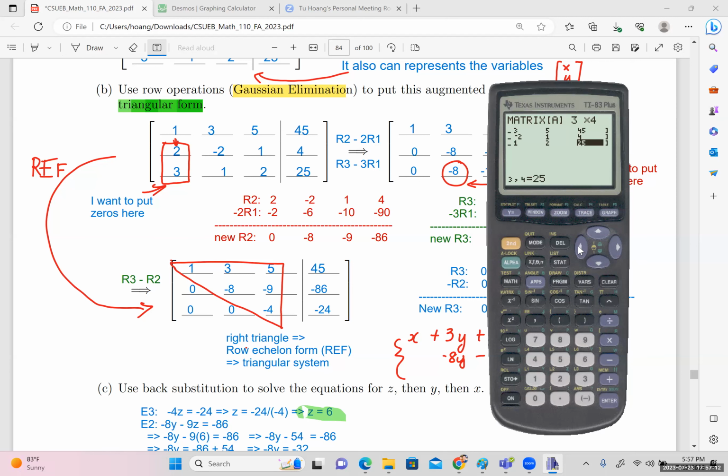Enter that. Just make sure you recheck that all the input is correct, or you may get it wrong later. Also, for -2 you must use the negative key, don't use the minus key. Okay, so after you finish that, you're gonna go second and quit, right?